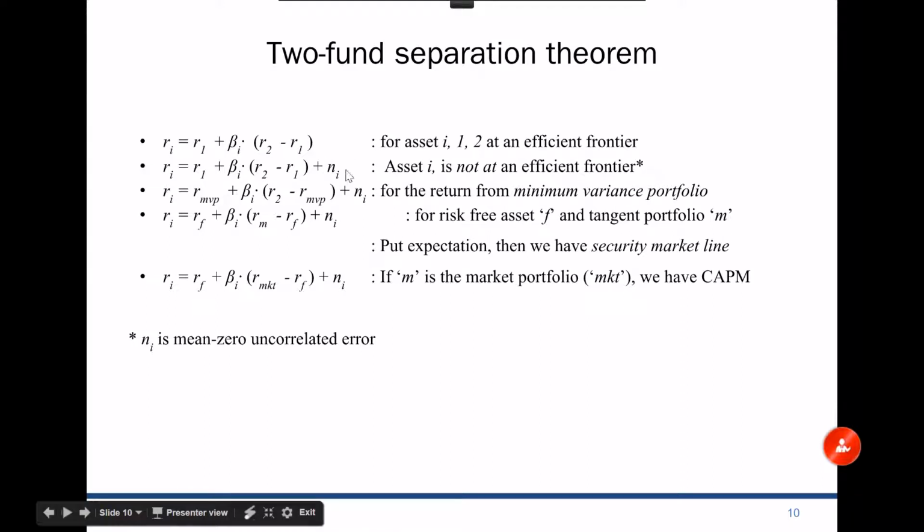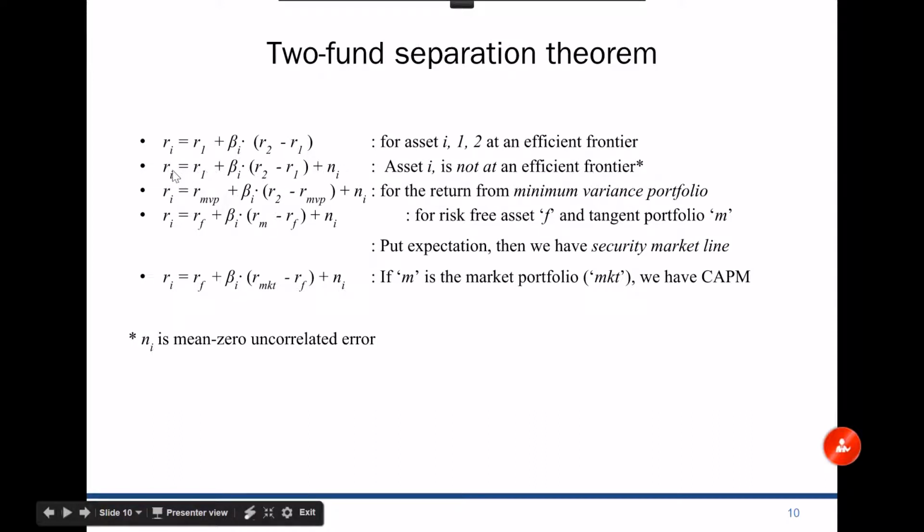This noise is independent of the first asset R1 and independent of the second asset R2. So this noise is a mean zero uncorrelated error, right? Because if it is correlated, it affects us. Because it is inefficient, we can just add noise.